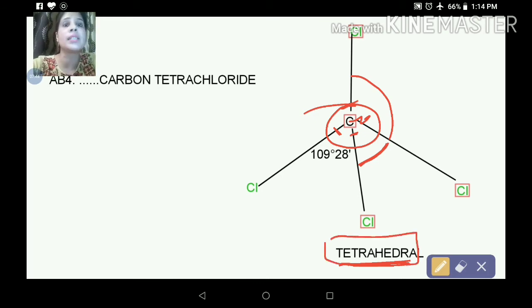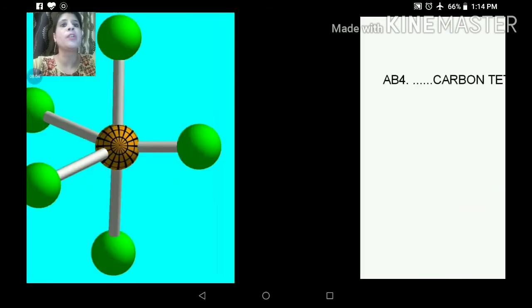This is tetrahedral. So AB2 is linear, AB3 was trigonal planar, and now AB4 is tetrahedral. The shape is tetrahedral according to valence shell electron pair repulsion theory.